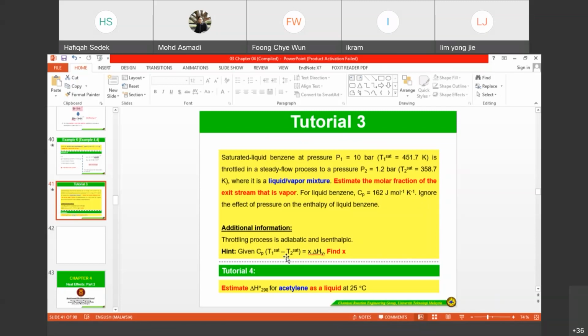So for tutorial 4, estimate delta H for the compound as a liquid at 25 degrees C. You need the delta H of formation.